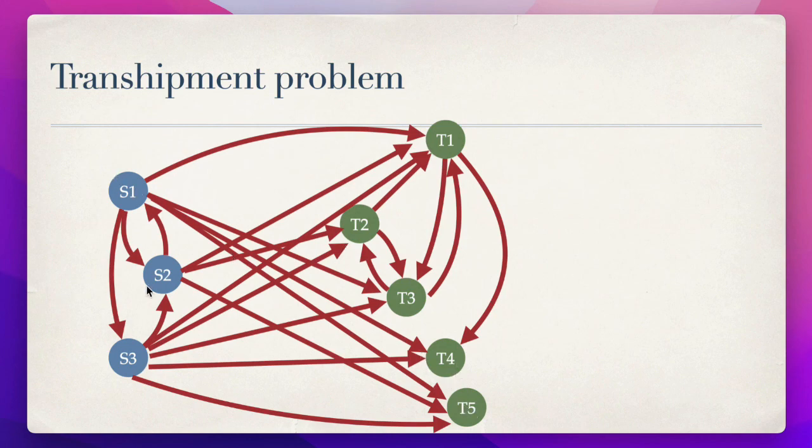And of course between suppliers we can send from S1 to S2 first, and then let S2 ship the commodity to another place. We draw all the network like this.